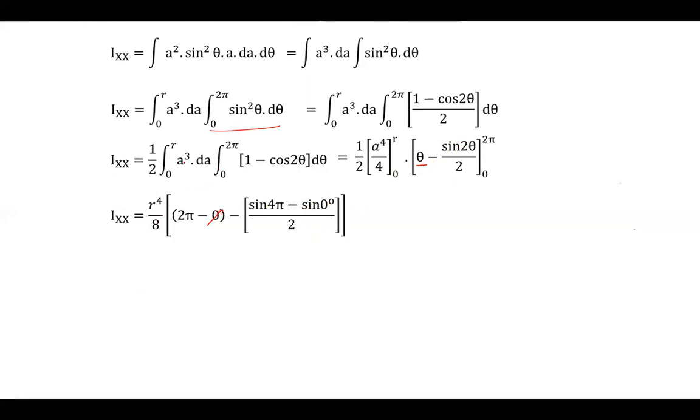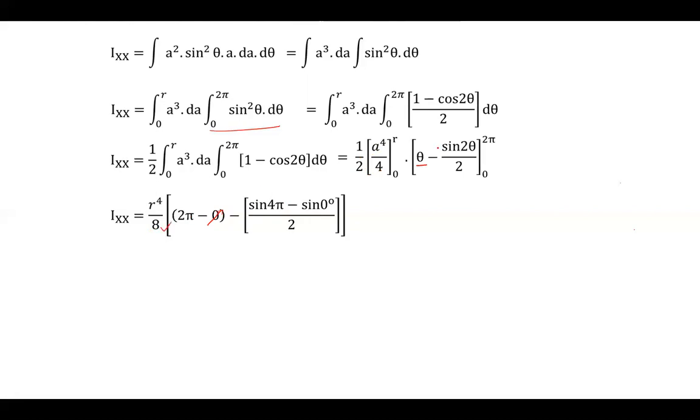Also, the integration of a cube will be a to the power 4 by 4. Therefore, if you substitute the limit r, from 0 to r, it will become r to the power of 4 by 4, which is equal to r to the power of 4 by 2, so r to the power of 4 by 8 it will become.